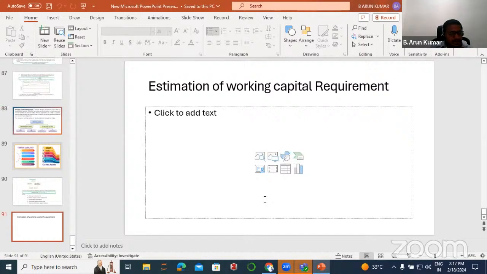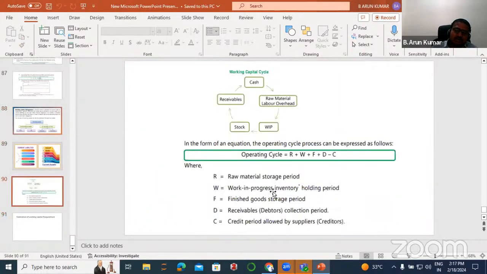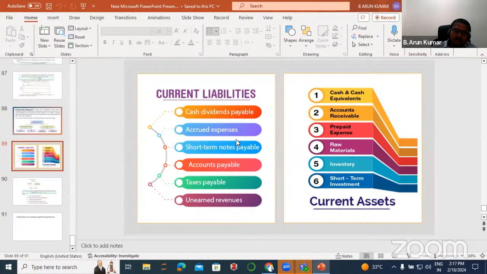In working capital, you must know about the concepts of working capital, that is on the basis of value. Actually, that is not a concept, on the basis of value. On page number 156, first you should know about the current assets and current liabilities: what we call current assets and what we call current liabilities.